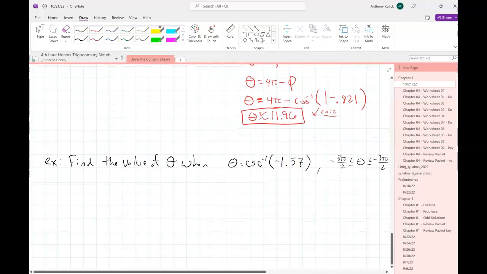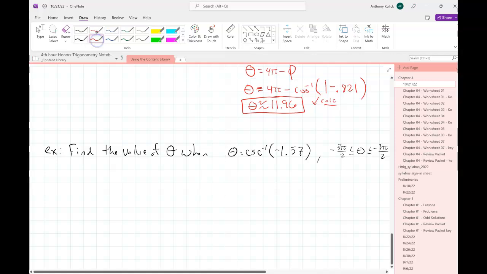All right. So this is the same thing as saying cosecant of theta has to equal 1.57, right? What's the relationship between cosecant and sine, cosine, tangent? Good. Cosecant is the reciprocal of sine. So I can say that, right?